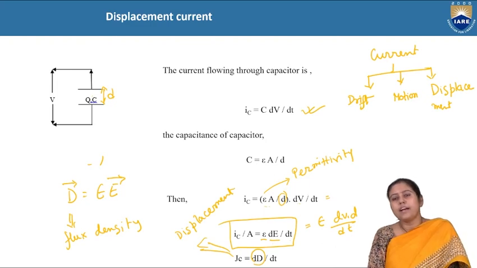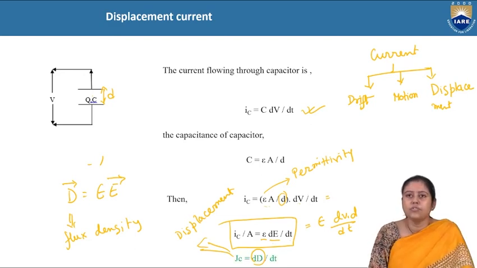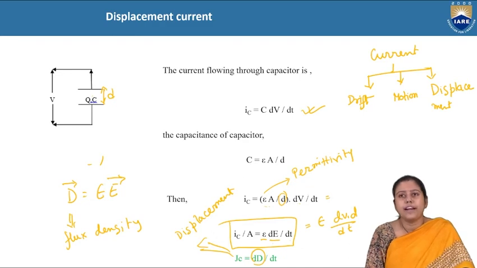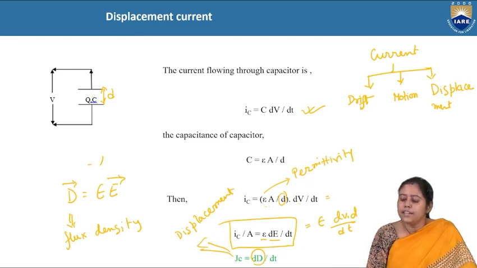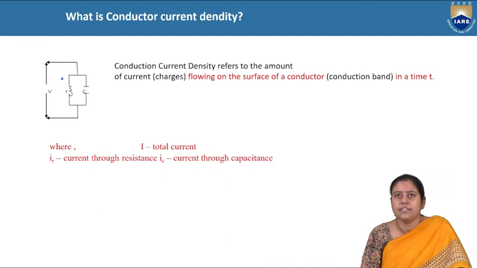So displacement current density depends on dD by dt. So this is known as the displacement current density. JC is equal to dD by dt, the differential change in flux density with time.